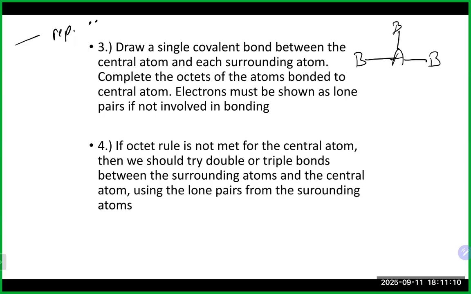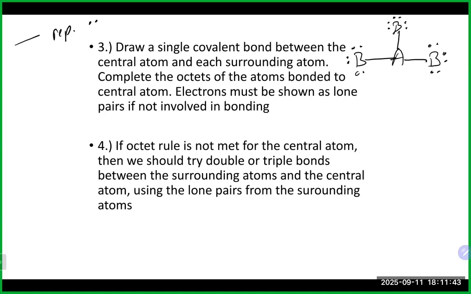All the leftover electrons at this point go on the outside atoms first, in pairs, not single electrons, until all the outside atoms have 8 electrons, our octet rule, except if the outside atom is hydrogen, which gets no dots around it. So we would come around here and fill these up until we complete the octet.